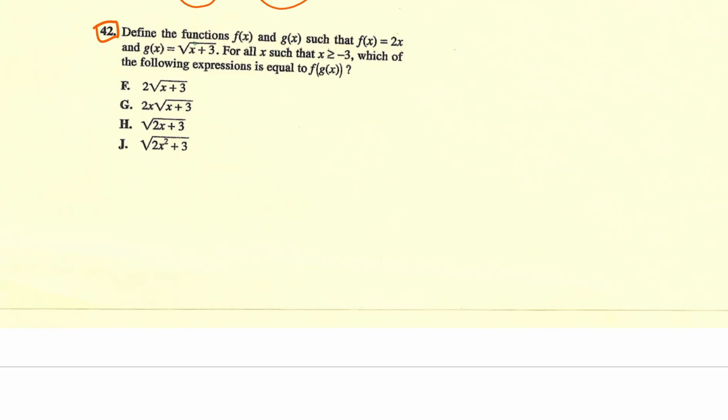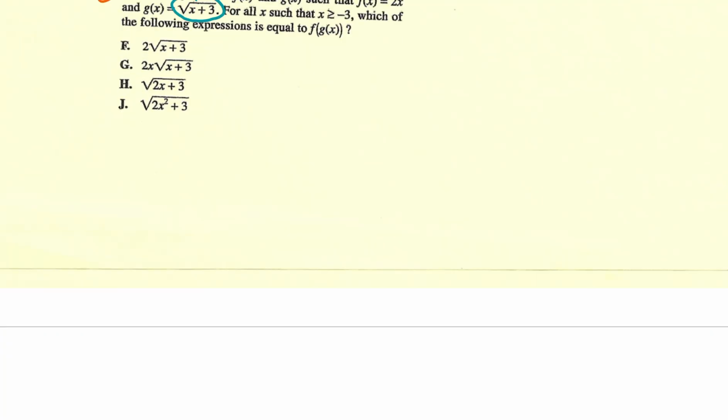You're taking this whole function, g of x, and you're going to put that into f. So take your whole square root of x plus 3 and come up here to your f function and put that in. So I'm going to say 2, but where x is, I'm going to put that entire square root of x plus 3.